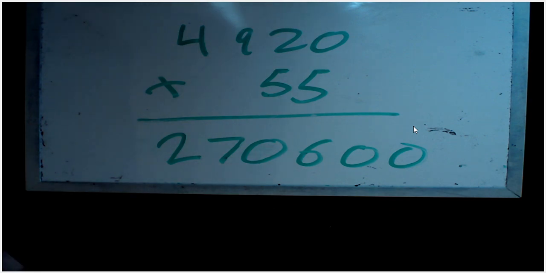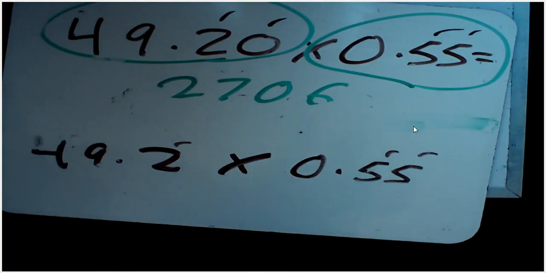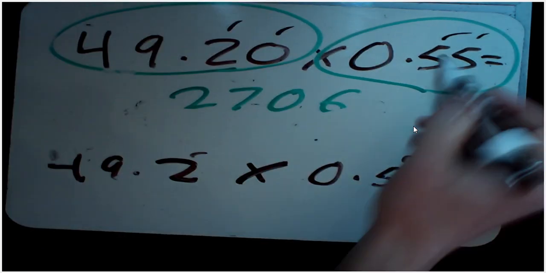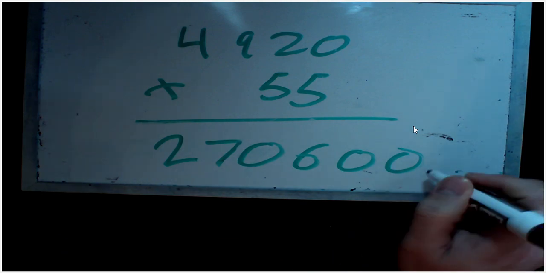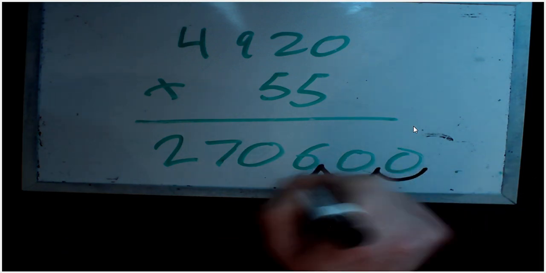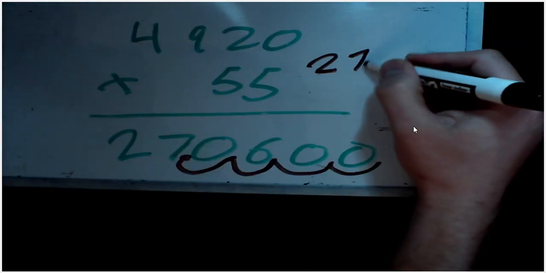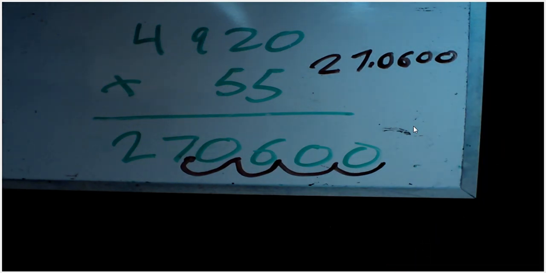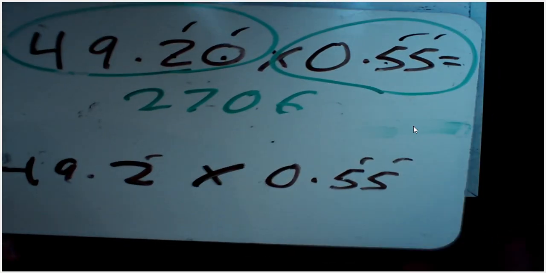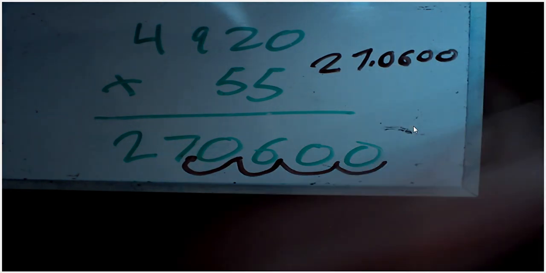So if this was how I multiplied it out, and I looked at my 4 decimals, 1, 2, 3, 4, and move my decimal point 4 to the left, like I taught you, 1, 2, 3, 4, you get your final product as 27.0600. Okay, just like the example I showed you with 49.20 really being 49.2, you don't need these zeros at the end of your decimal.